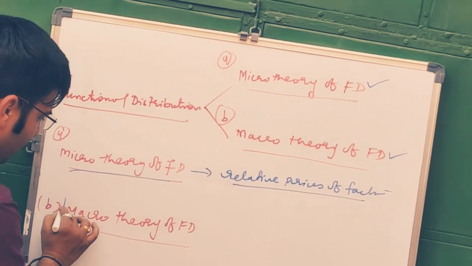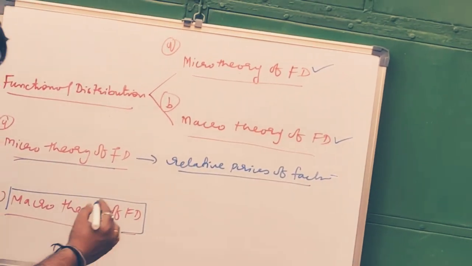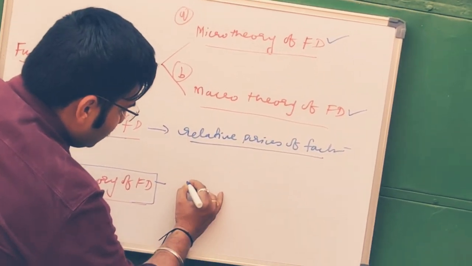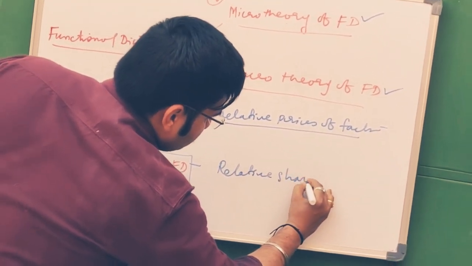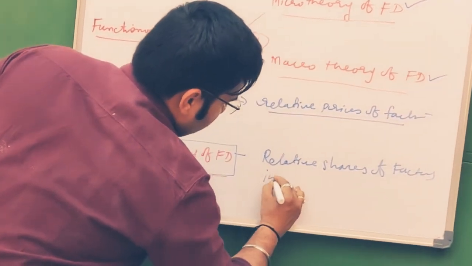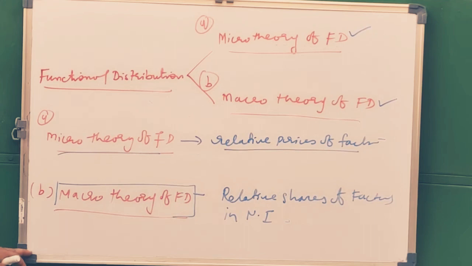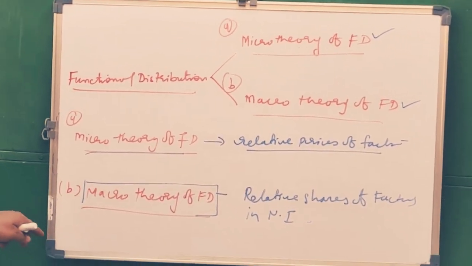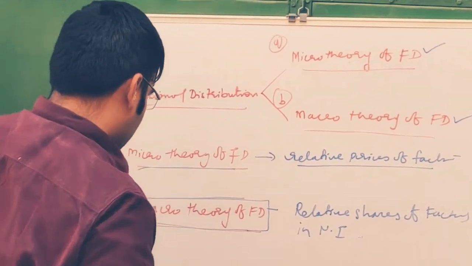Whereas the macro theory is related to the relative shares of factors in national income, that is, the contributions of the factors in national income.